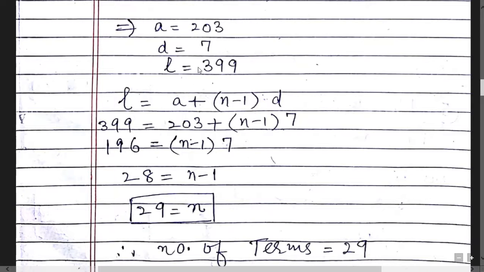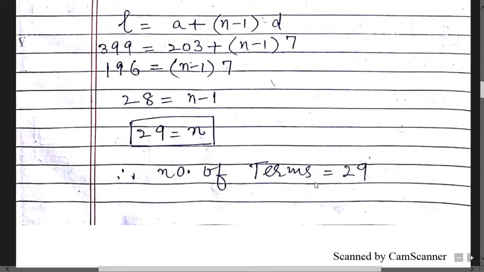Insert the value of a, then d, then multiply. 203 is subtracted from left hand side, it's 196, n minus 1 into 7, then 7 is divided by 196, answer is 28, then 1 is added in the left hand side, n is 29.